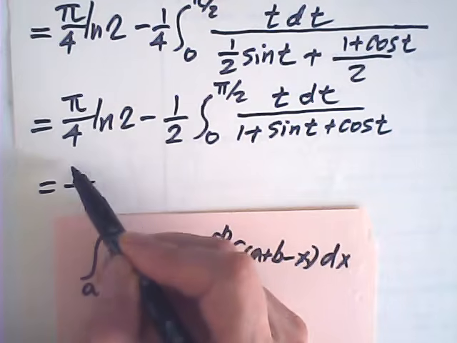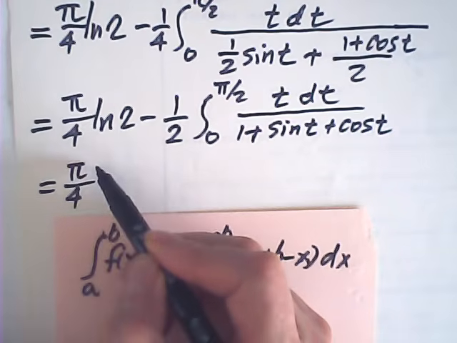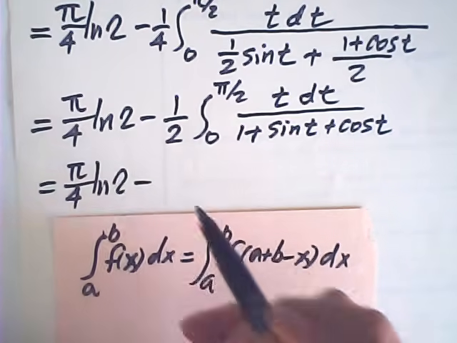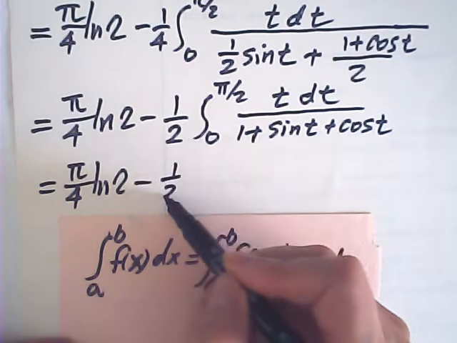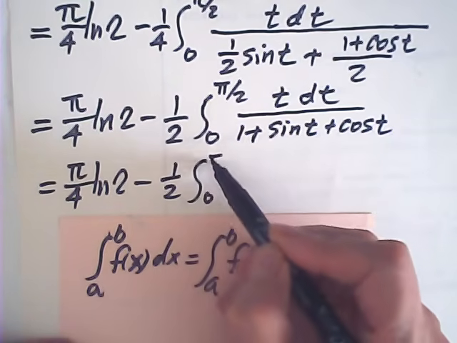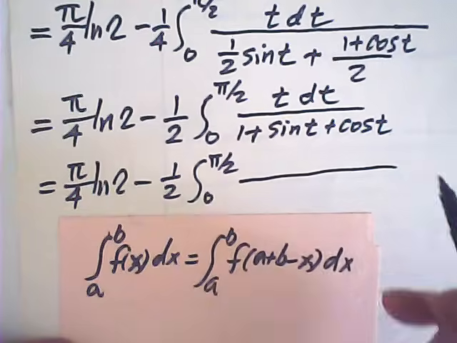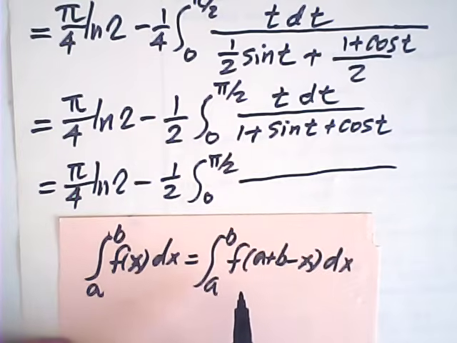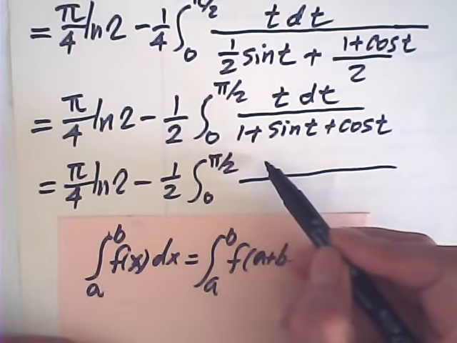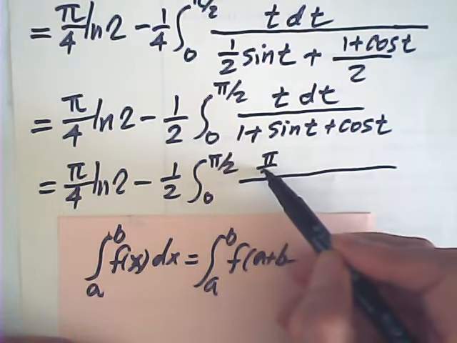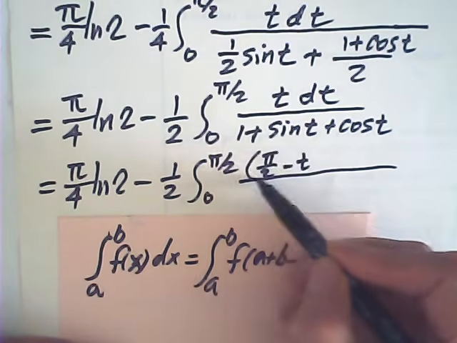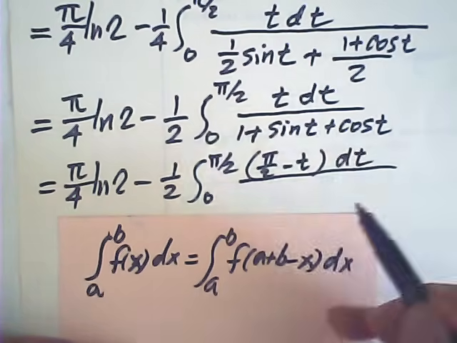So this one is equal to 1/4 pi log 2 minus 1/2 integral from 0 to half pi. I'm using this formula, so this will be half pi minus t dt.